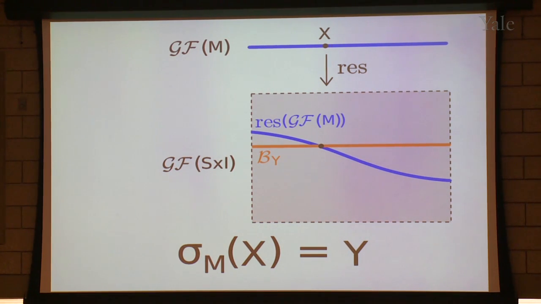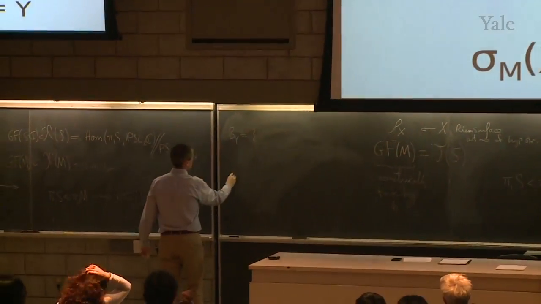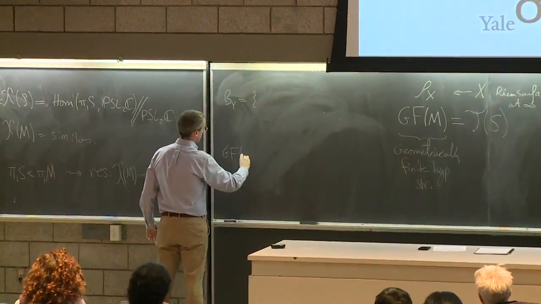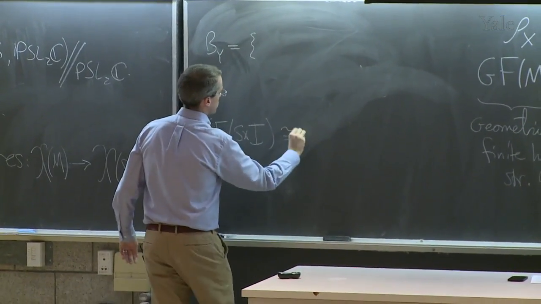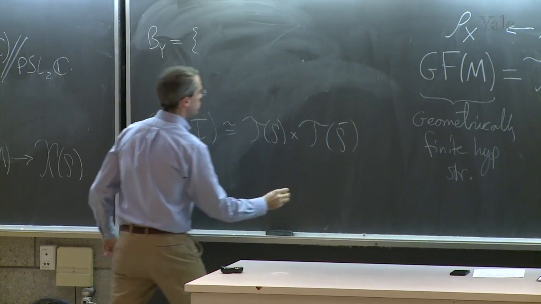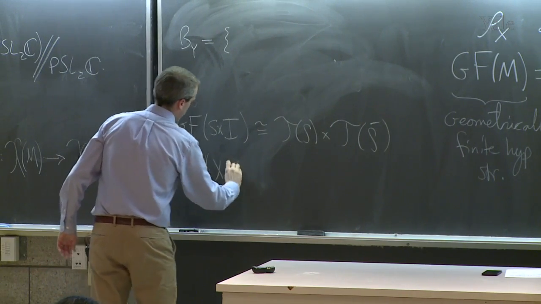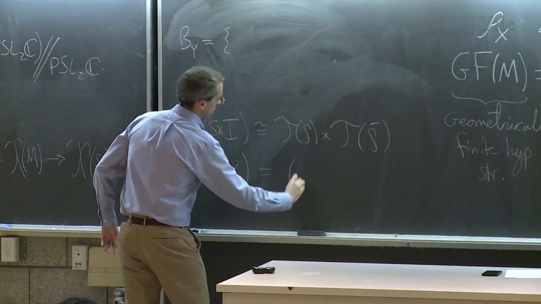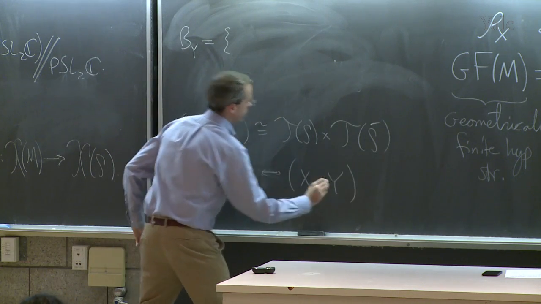What is the bare slice of Y? This is the set of all quasi-Fuchsian groups. So I should introduce the notation. I said that hyperbolic structures on S cross I are parametrized by Teichmueller space cross the opposite Teichmueller space, and I'll use Q to denote that parameterization. So Q of x, y is the quasi-Fuchsian group that has x on one side and y on the other.